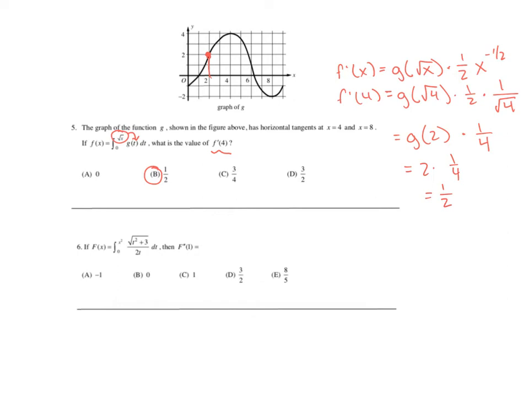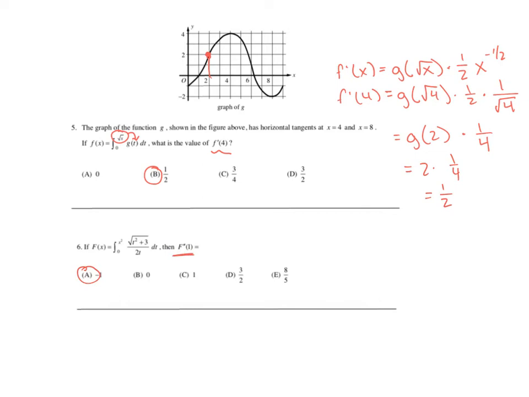For number 6, this problem took me a lot more space than I thought I was going to need at first, but the answer for number 6 is A. And to do it, this time we're looking for the second derivative at 1.